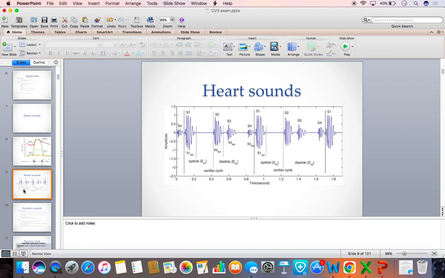So the first heart sound is louder than the second heart sound, and the third heart sound is louder than the fourth heart sound. Lub dub, lub dub, as the sound of the first and second heart sounds respectively.